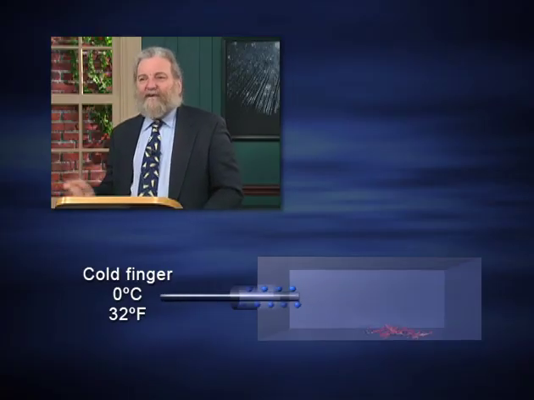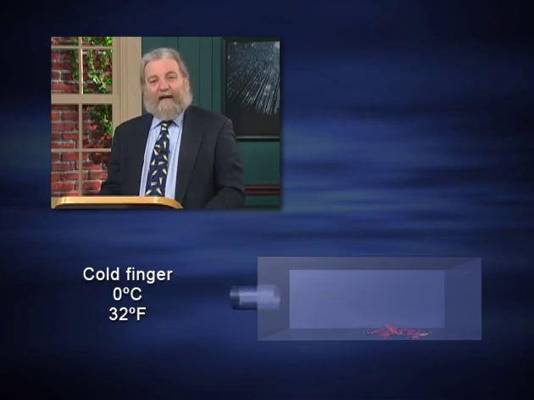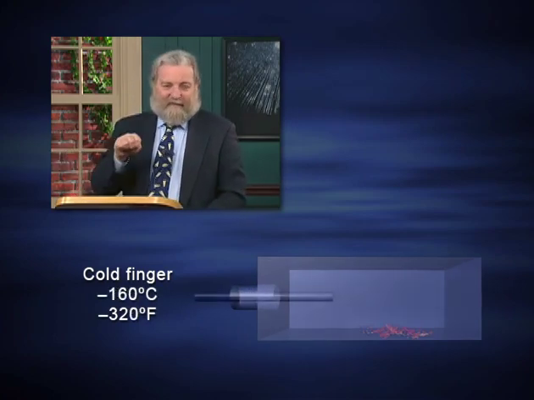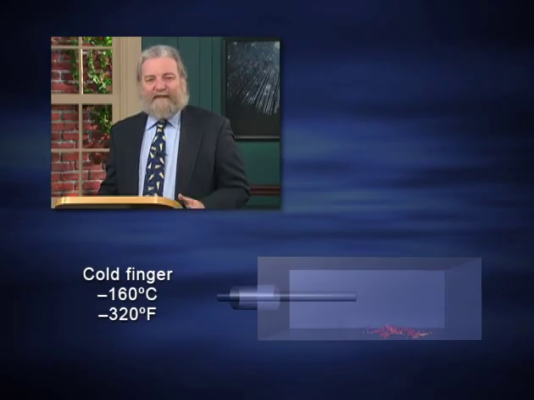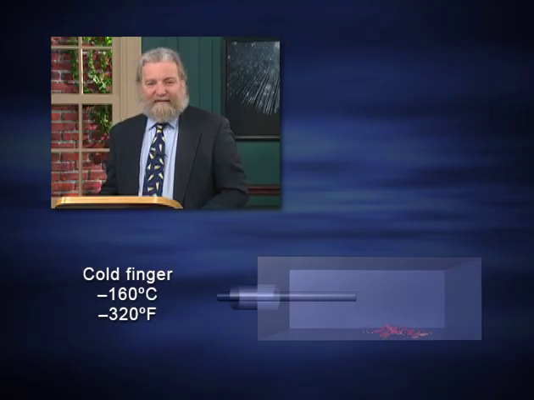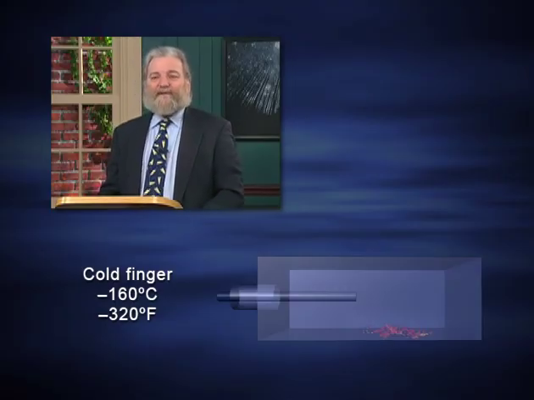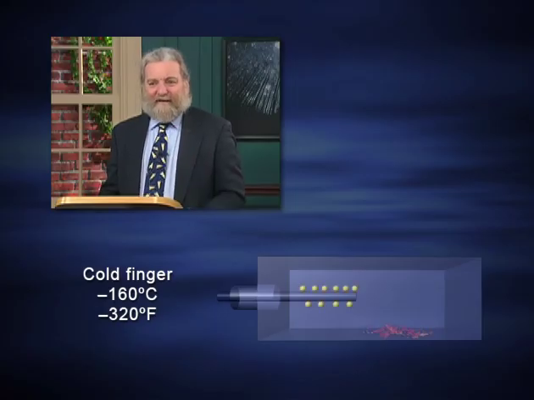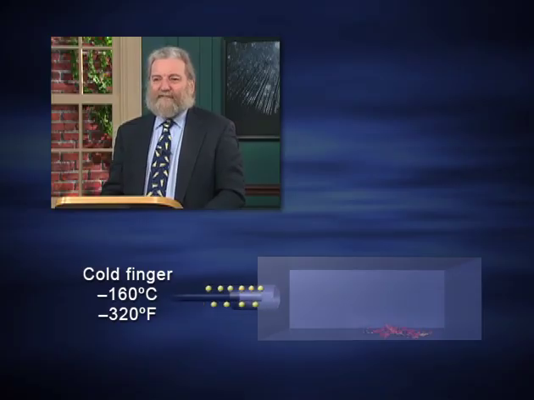You withdraw it, and all the water vapor is gone. You then stick in another finger, but rather than cooling it just to 0 degrees, the temperature at which water freezes, you cool it with liquid nitrogen to something like 320 degrees below 0 on the Fahrenheit scale, which is cold enough to collect all the carbon dioxide as well. You then pull that carbon dioxide out.